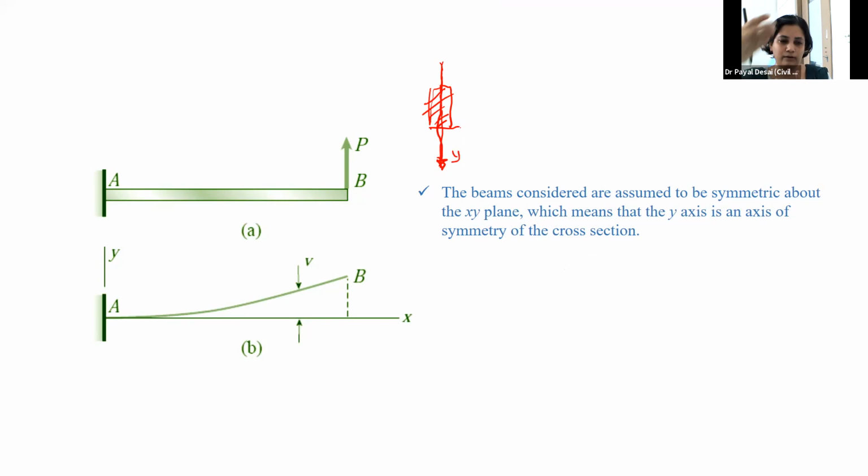It is not deforming out of the plane. So this is the plane of symmetry, which in the case of a beam is the xy plane, because whenever you see any beam, if this is the axis of the beam, it will deflect this way only. It will not deflect the other way, right? So the symmetry line will define in which plane the beam is bending.